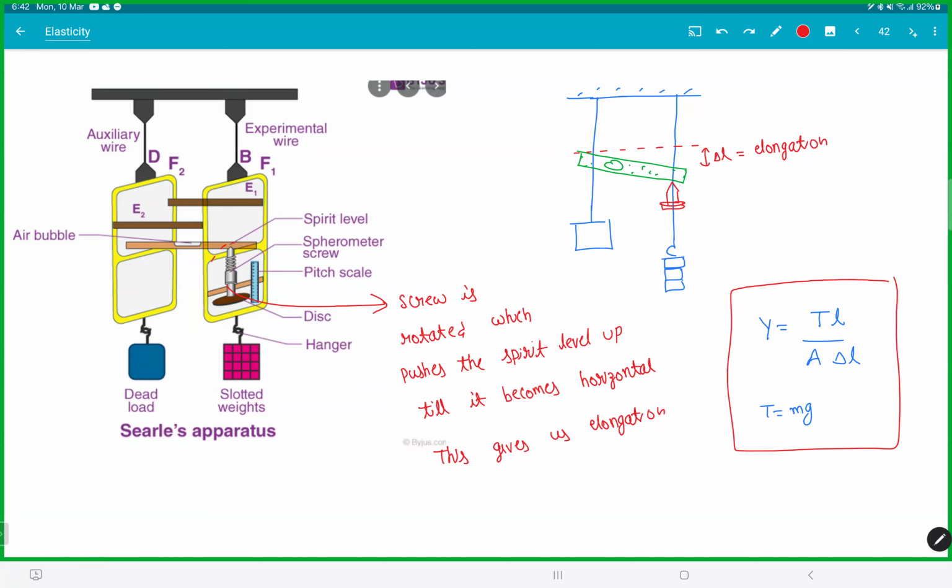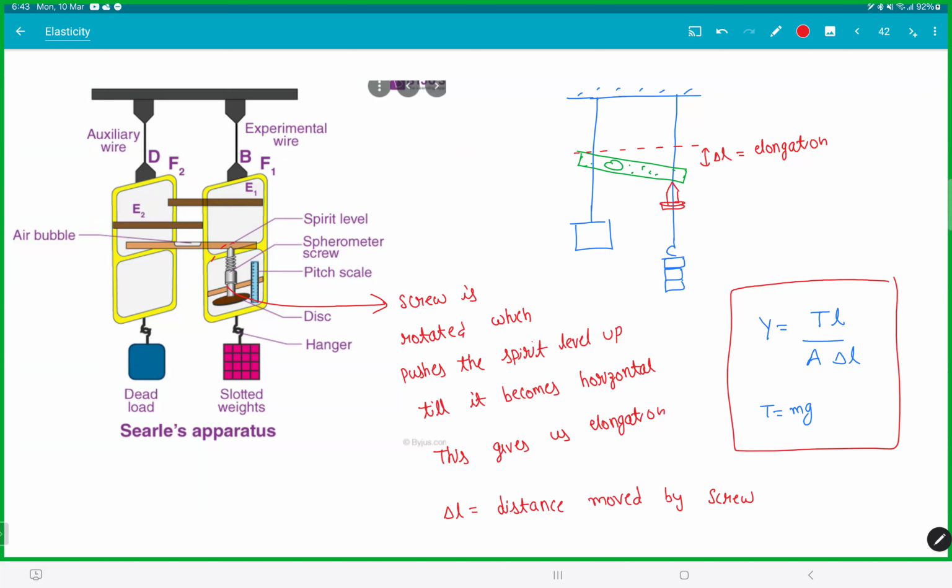Basically, the distance moved by the screw is the elongation. And mg is the weight which you have added. So you know the tension. Clear, everyone? Experiments are important. Next one.